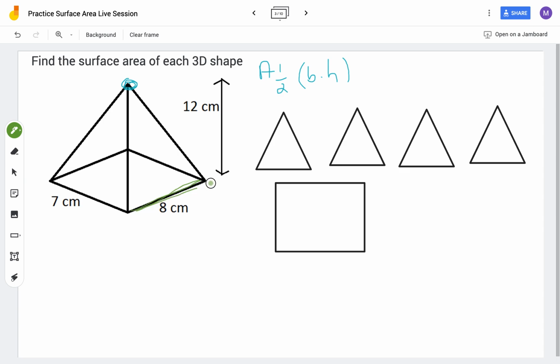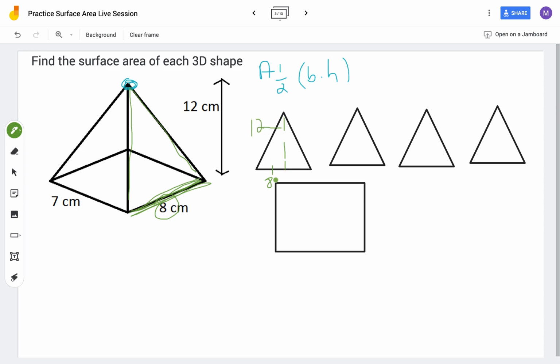The base is always the bottom, of 8 for this triangle. We're talking about one triangle at a time. We need to do each triangle individually. We can't just do one triangle and then put it on all the other ones. So we have 8. And our height is 12.